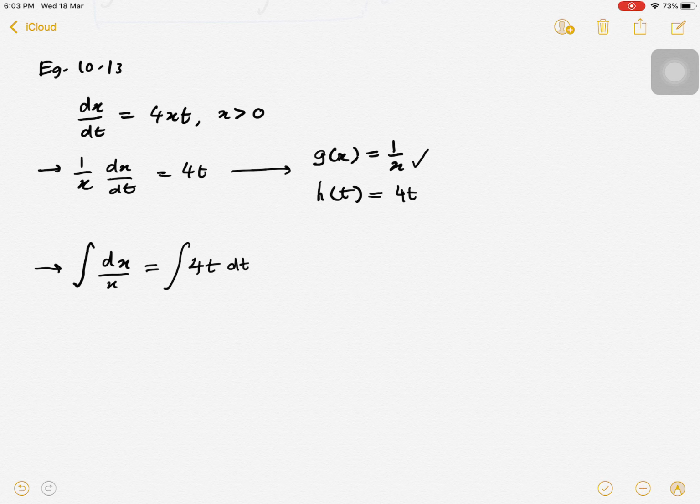Then we can integrate it, and using the formula, when we integrate 1 over x, we get ln x equal to 2t square plus c. We will have a constant right here.